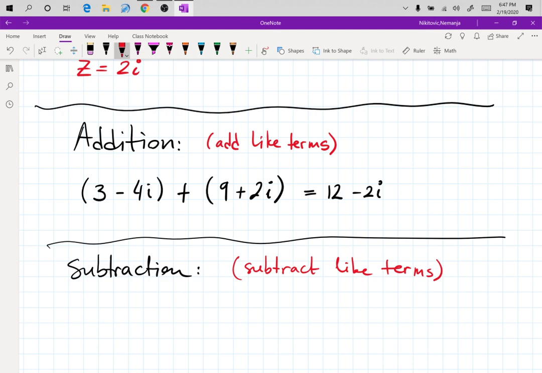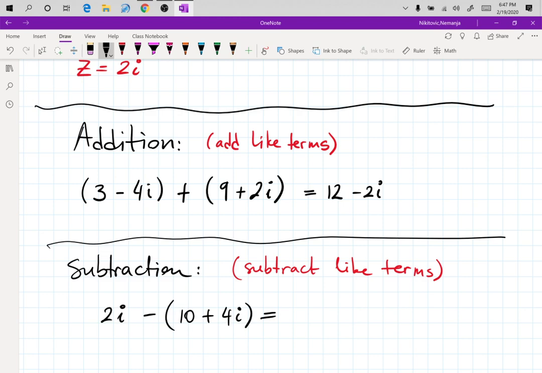And we are going to have, let's say, how about example 2i minus 10 plus 4i. What should I have as the answer?